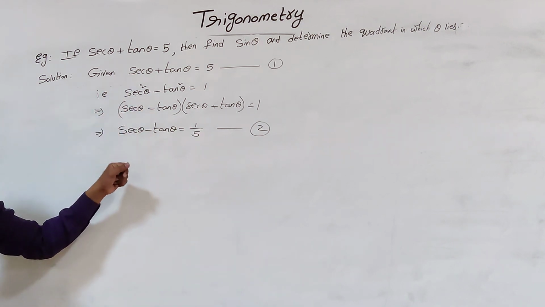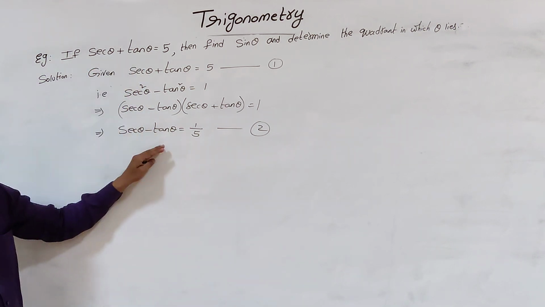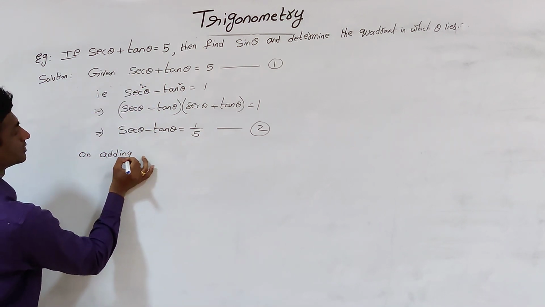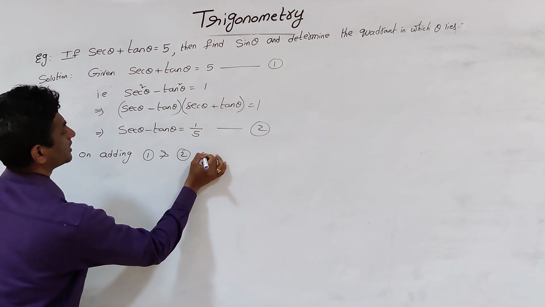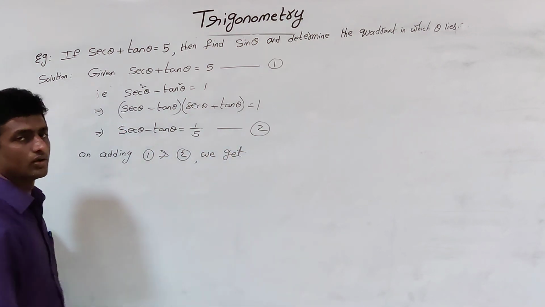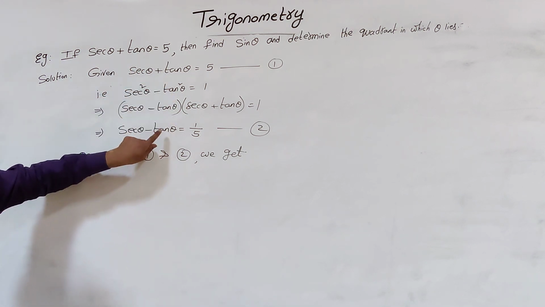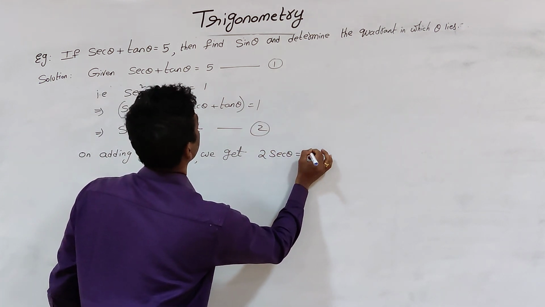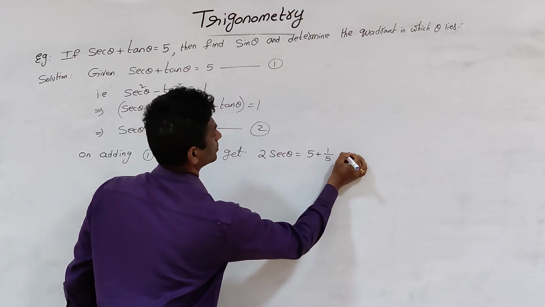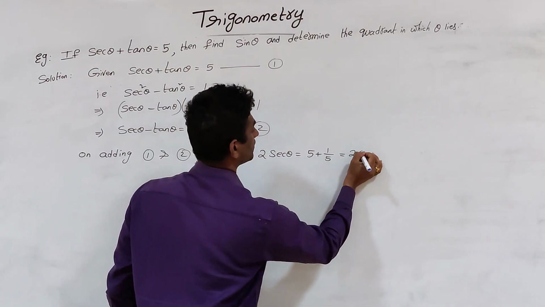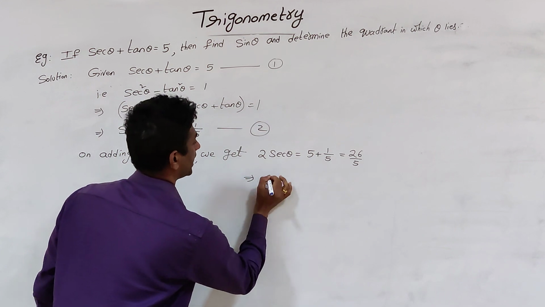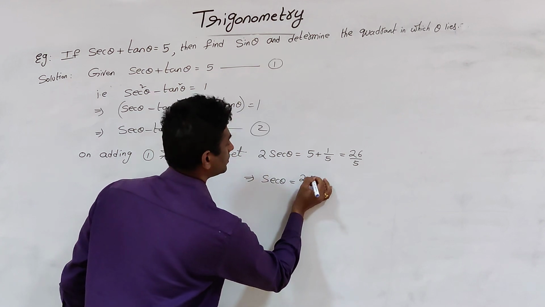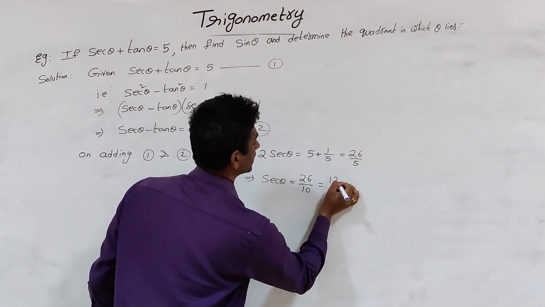If you solve these two equations, on adding 1 and 2, tan theta and minus tan theta get cancelled, so it will be 2 secant theta. 2 secant theta is equal to 5 plus 1 by 5, that is 26 by 5. So 2 secant theta is equal to 26 by 5, means secant theta will be 26 by 10, or 13 by 5.